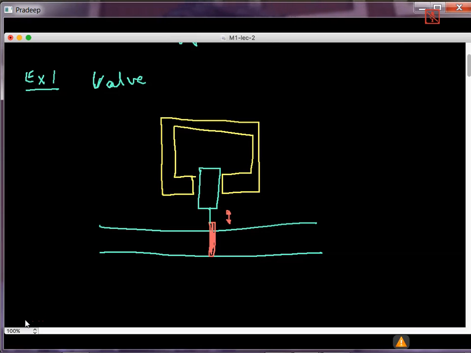Something like this. Here there is a winding, and then let's say there is a switch here.